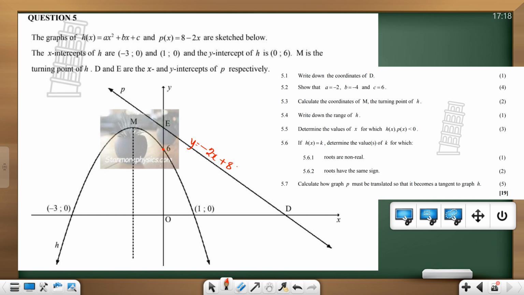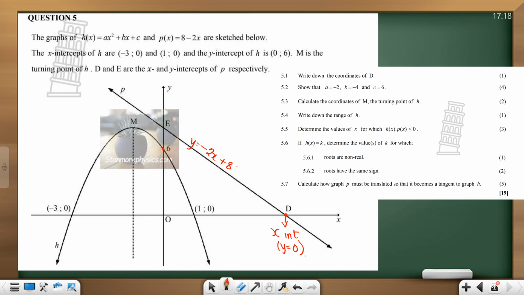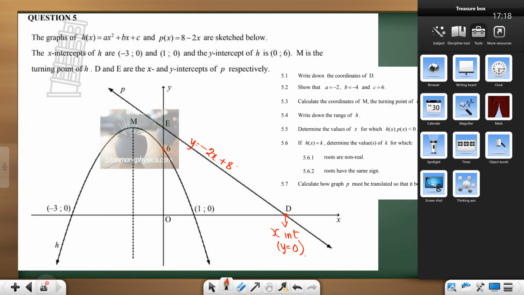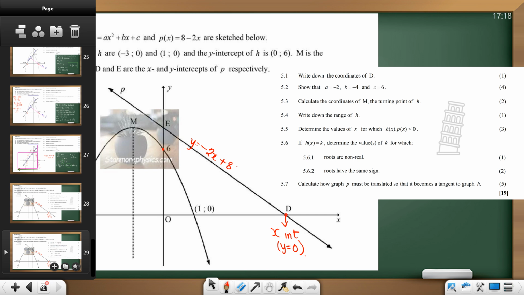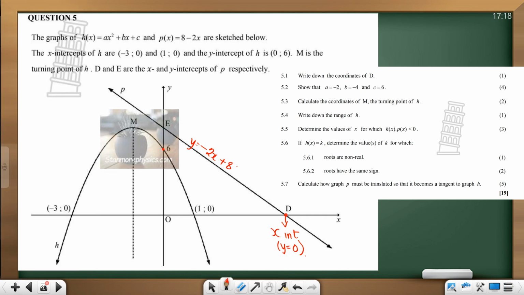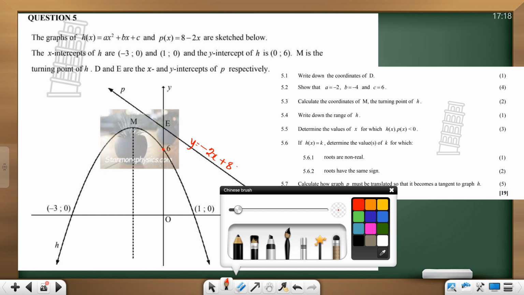Write down the coordinate of D. What do you know about D? D is the x-intercept. And at this point, y equals 0. I think we can do that very quickly. Everybody work that out. You've got 30 seconds. Y is equal to 0. What is the value of x at that point?